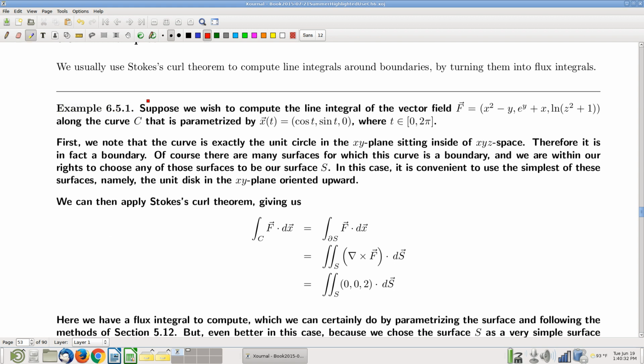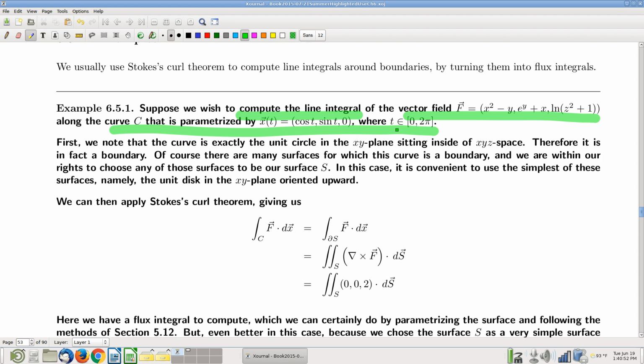So anyway, some examples. Suppose I want to compute a line integral. I've got a vector field given, and a curve that's parameterized. Now let's talk about our options. We actually have a bunch of options for computing this line integral. For one thing, the first option on the table is always brute force.